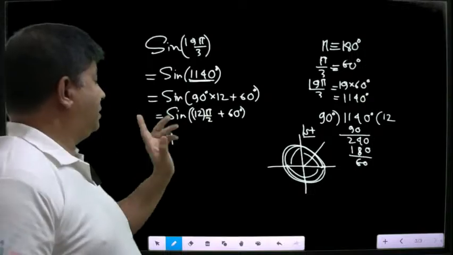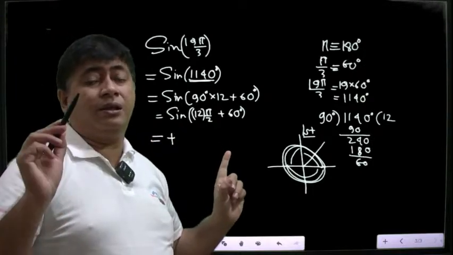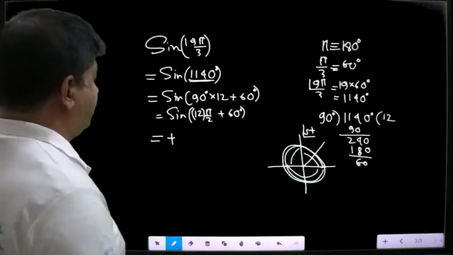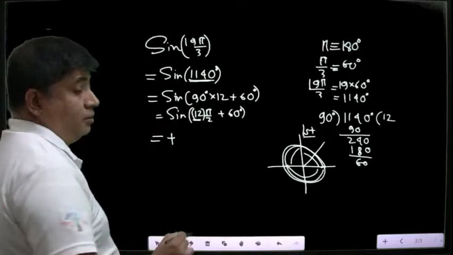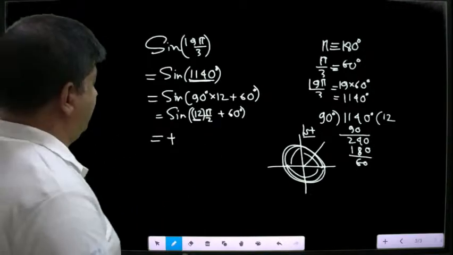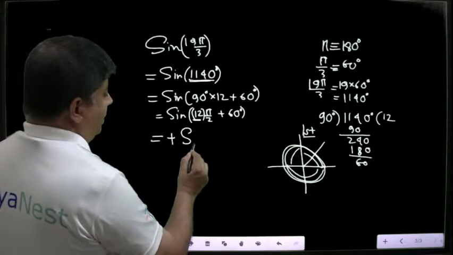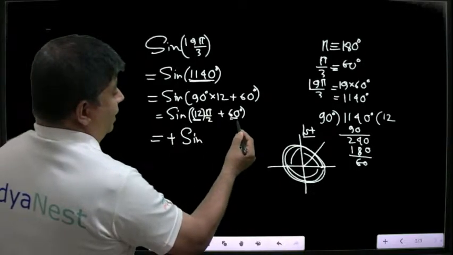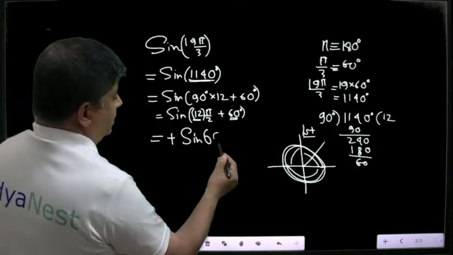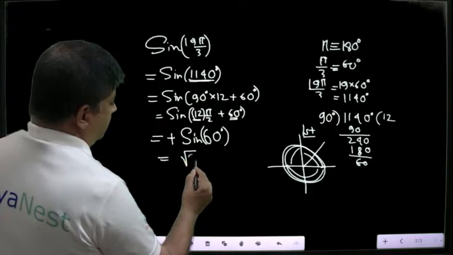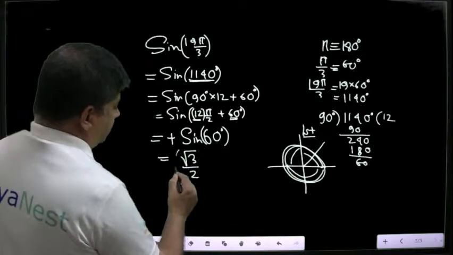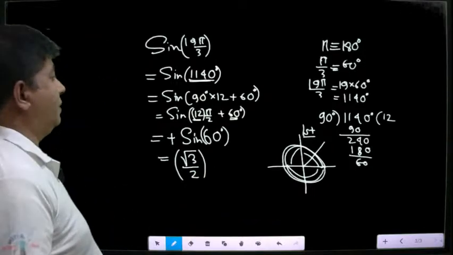Then you judge whether the same trigonometric ratio will remain or not. Here 12 is the multiple of pi by 2. 12 is an even number, so sin will remain sin. You write the residue 60 degree, and you know this value: root 3 by 2.